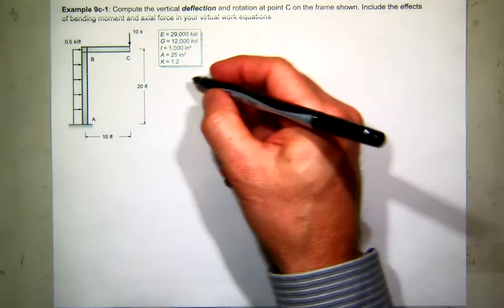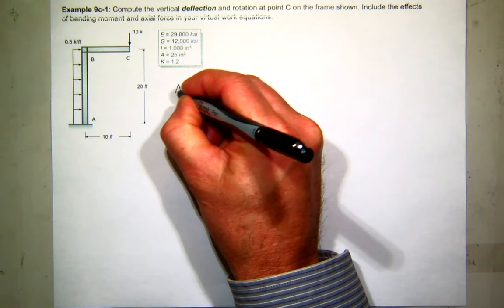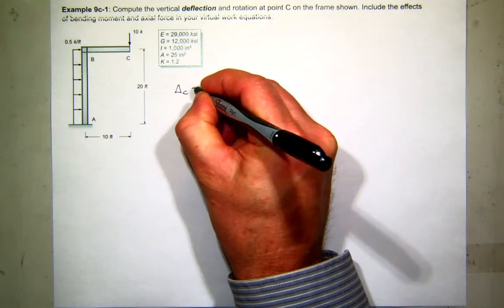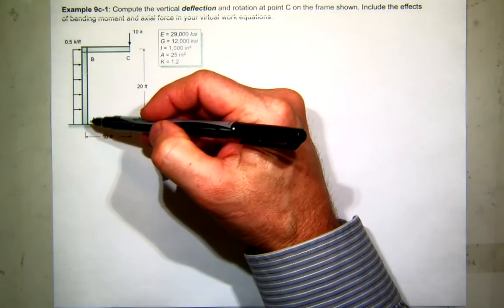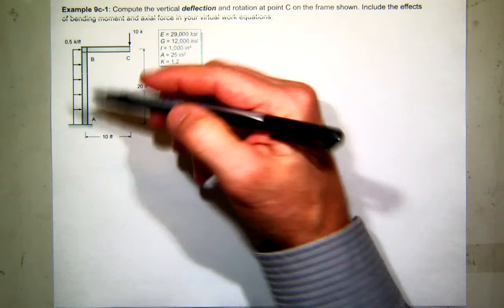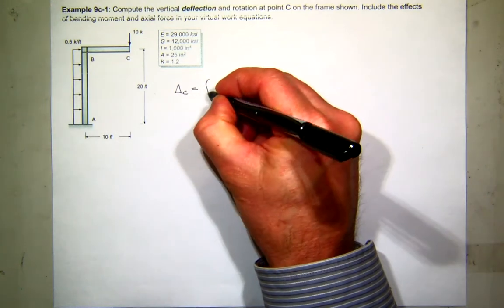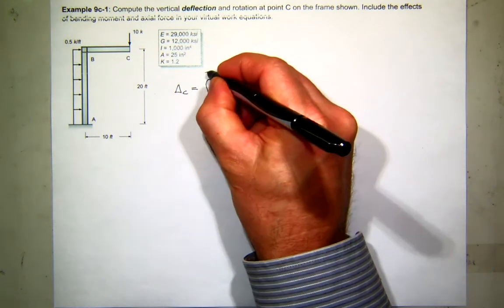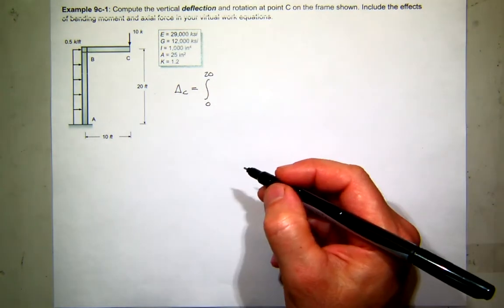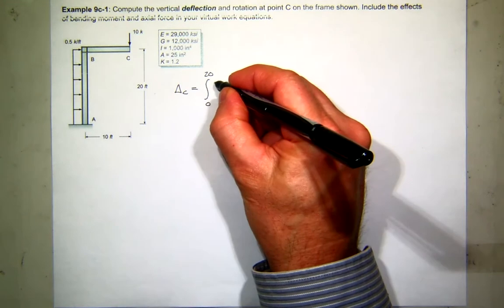So now the displacement at C is going to be what? Well, we're going to take the energy in section AB. So that's going to be an integral over the length of the line, which is from 0 to 20, of what? The real moment in our system.